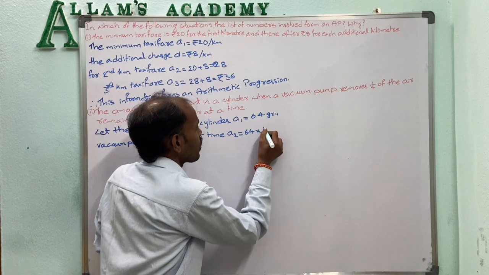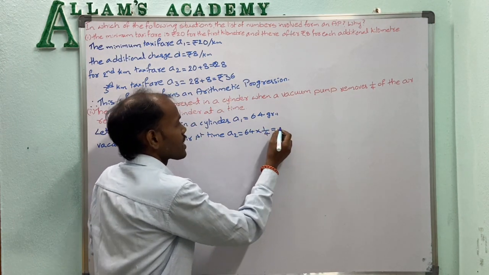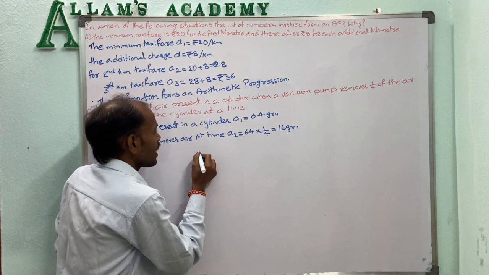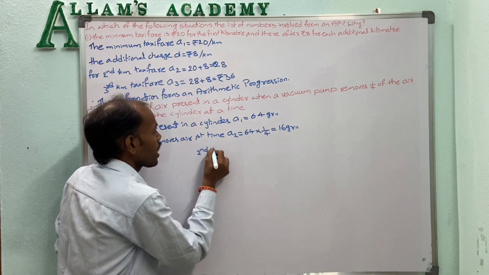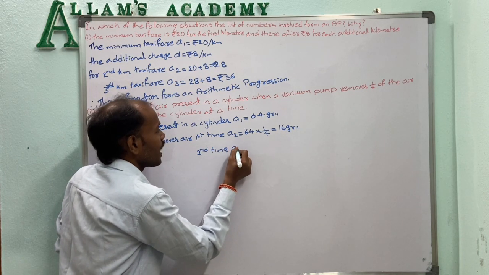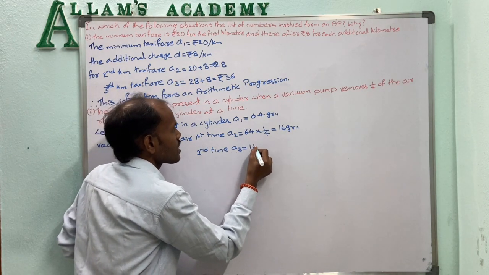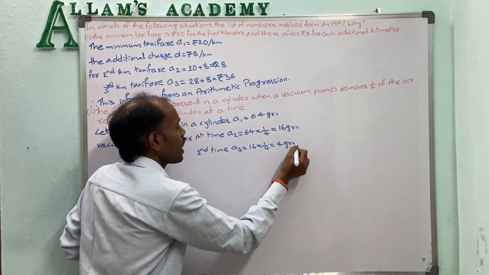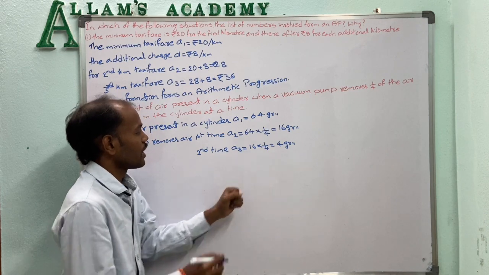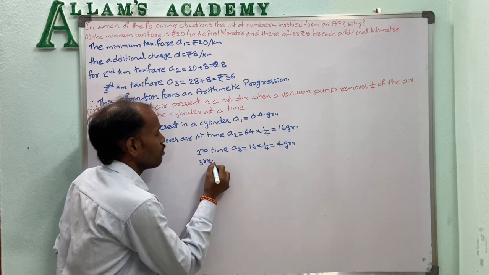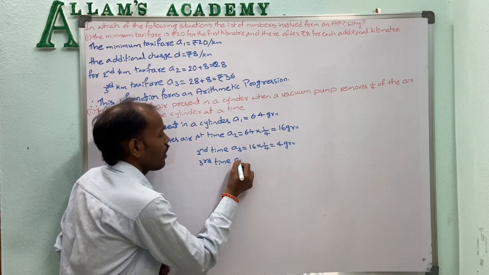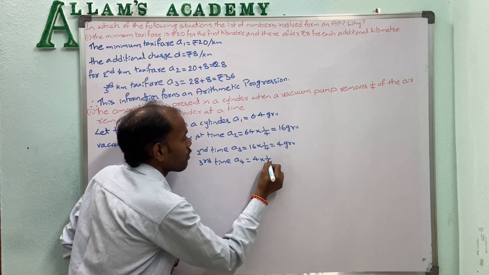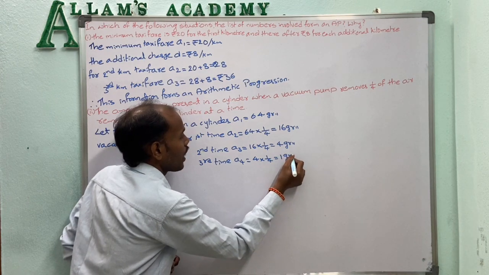So 64 into 1/4 is nothing but 16 grams. Now the second time it will be removed, then A3 is equal to 16 into 1/4, that is equal to 4 grams. Next the third time it will be removed, that is again 1/4. So A4 is equal to 4 into 1/4 is equal to 1 gram.